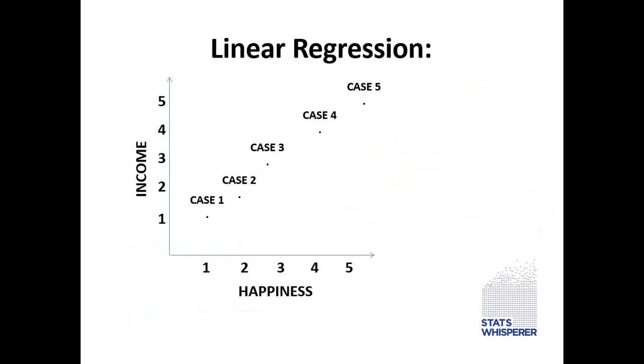So specifically, you could look here. Happiness is on the horizontal axis, and income is on the vertical. Right? So you can see here the cases. So suppose these are cases. So case 1, all the way to the left, you could see they got a score of 1 for happiness, the lowest level of happiness.